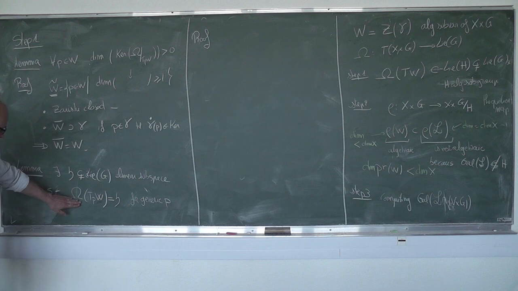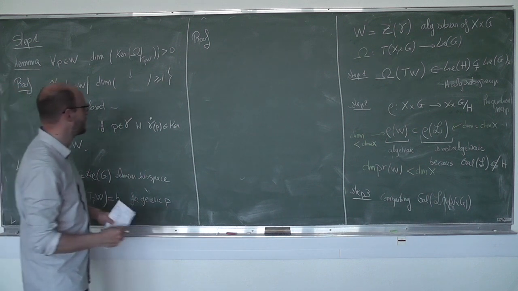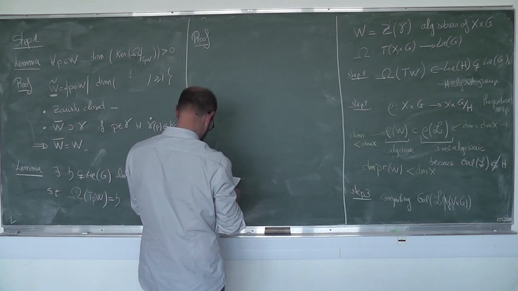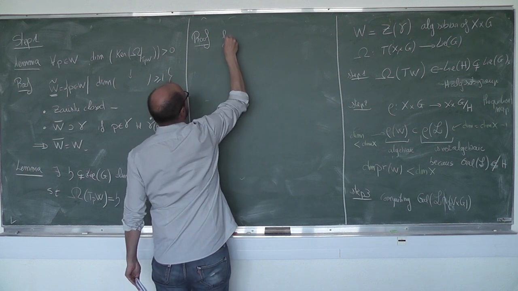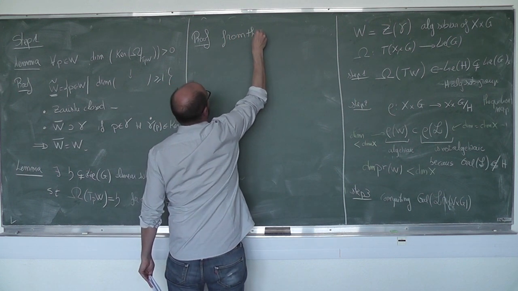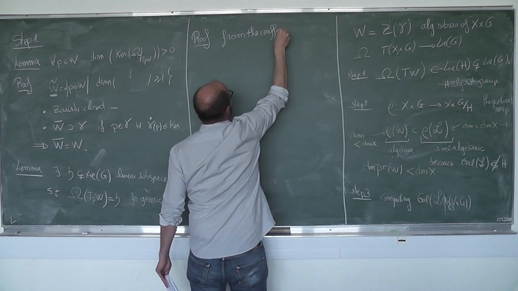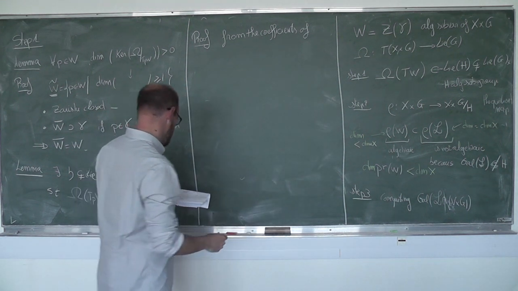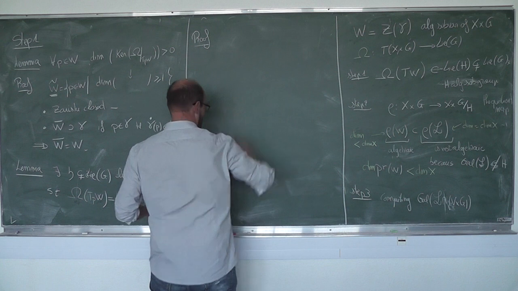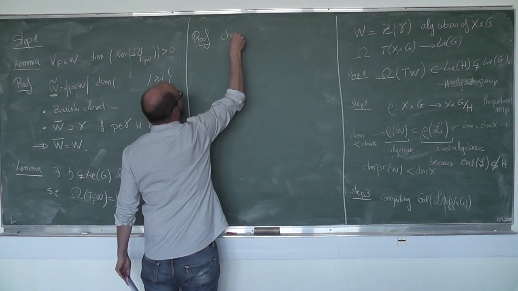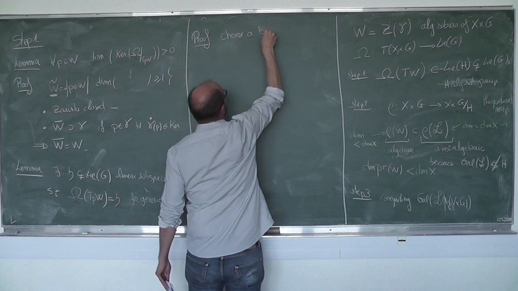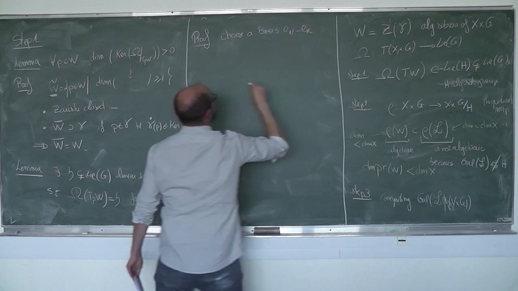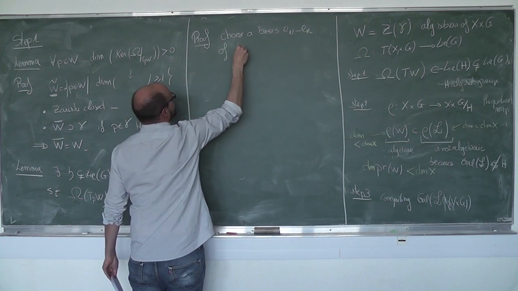So you have all these forms here restricted to W. So you choose a basis E1 to Ek of your Lie algebra.